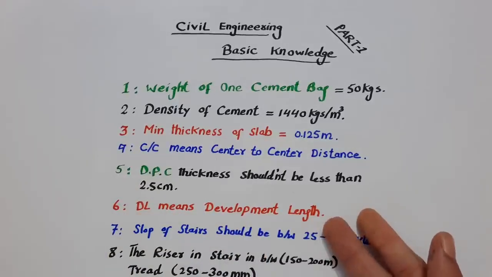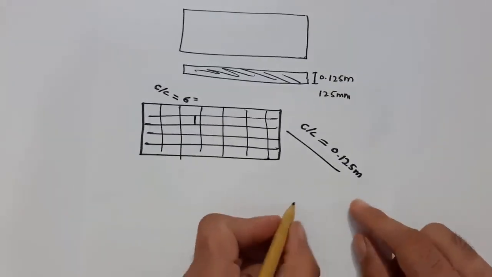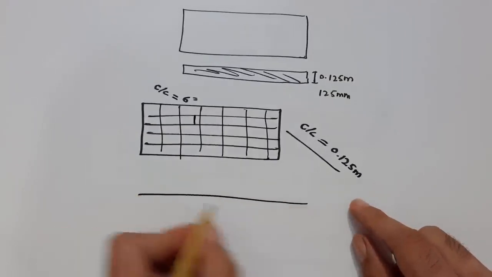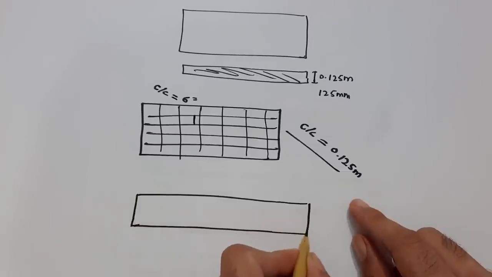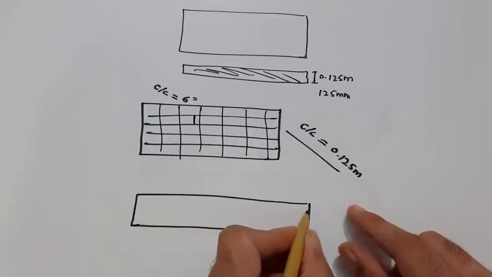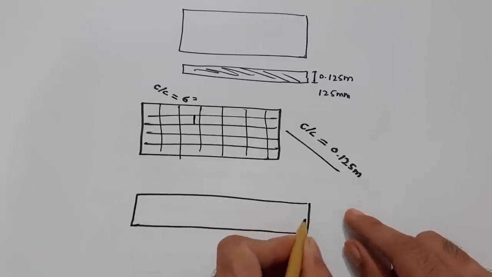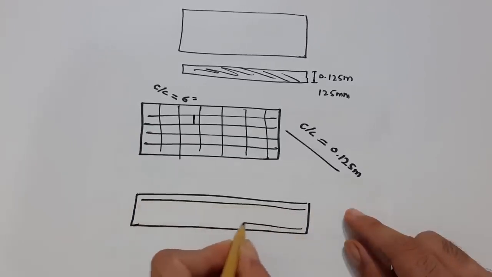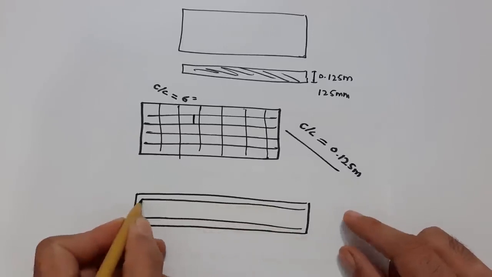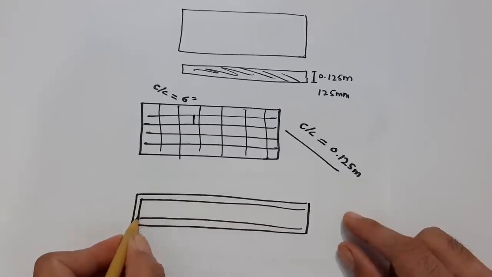Right, the sixth one is, guys, DL, which means development length. What is development length? Guys, you can see here, this is a beam. Inside this beam I am providing the steel rods, in long section. You can see these are steel rods. So this one steel is coming to the downside and this one is going to the upward side.